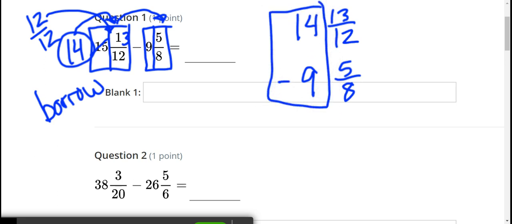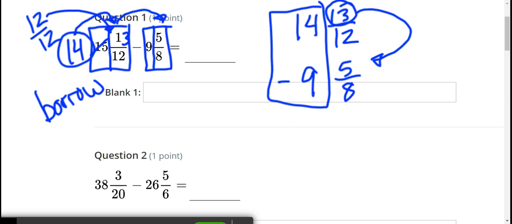So here we're subtracting whole numbers, and we look to the right. Now we're going to have enough parts to subtract down below. So we have 13 twelfths and 5/8. 13 twelfths is going to be bigger than 5/8, so now we are going to be able to subtract the parts from the fraction.